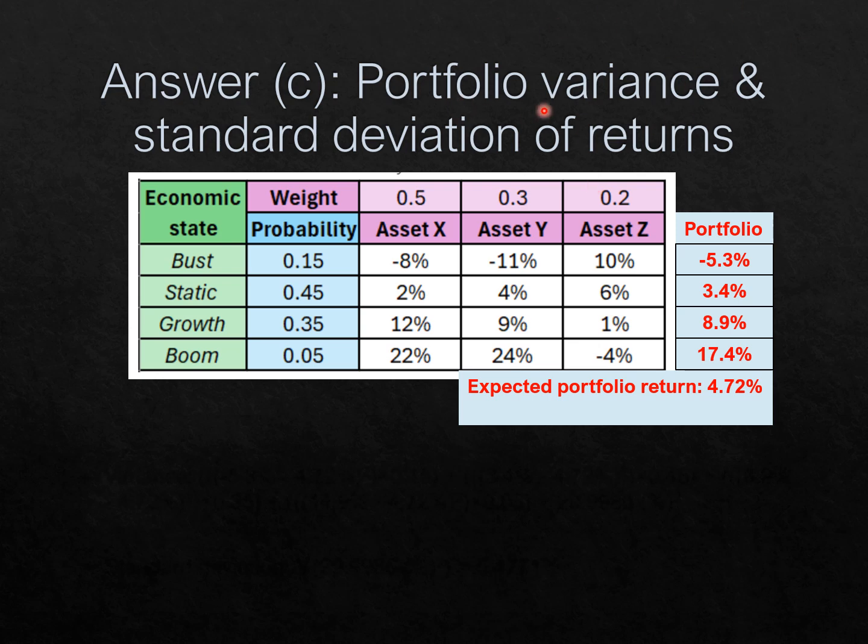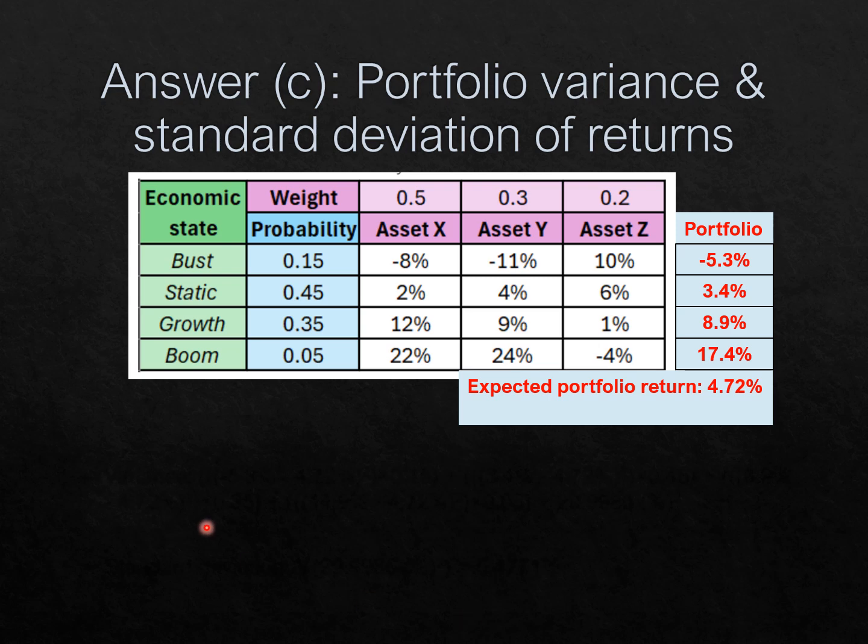First, we need the possible returns for the portfolio, because it's about the portfolio variance. Second, the expected return of the portfolio. Then third, the probability of each condition, or each possibility. So we have these three, and we can calculate the portfolio variance.